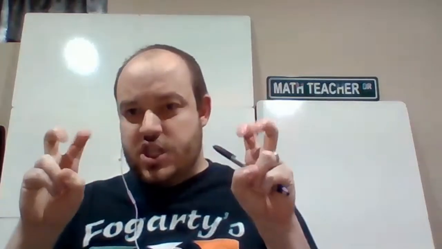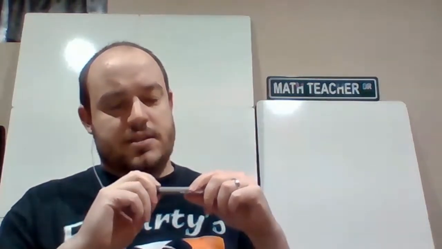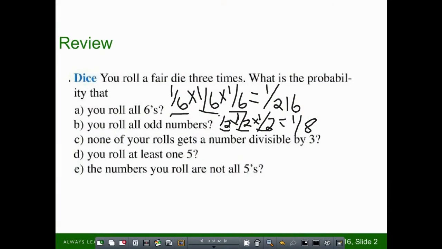So the little cheat that we end up doing to get around this is the idea that instead of finding the probability of getting at least 1 5, we find the probability of that not happening at all. And then we simply do 1 minus that answer to give us the probability of all the options that would cause at least 1 5. So the only way that you would not get at least 1 5 is if none of them are 5s.